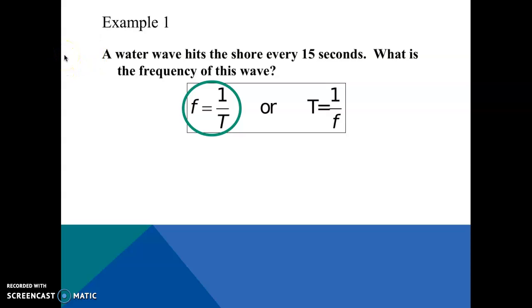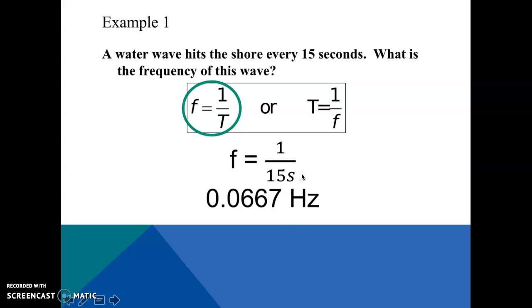We have seconds, and it's asking us for our frequency, so we know this number, 15 seconds, is our period, so we're going to use the equation f equals 1 over T. So f equals 1 divided by 15 seconds. Notice I have my units. So our frequency of the wave is 0.0667 hertz. You should have gotten that, so make sure you have that example in your notes.